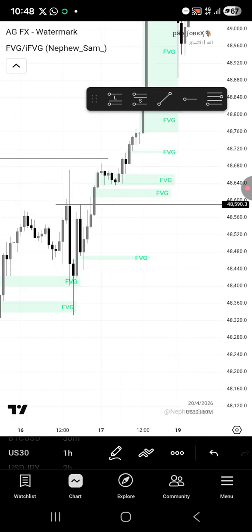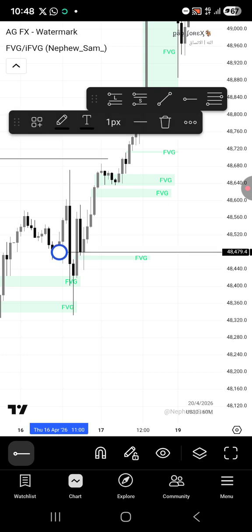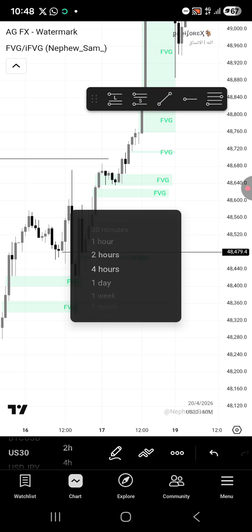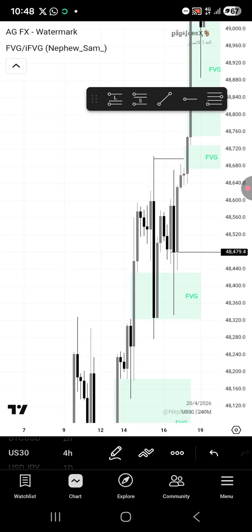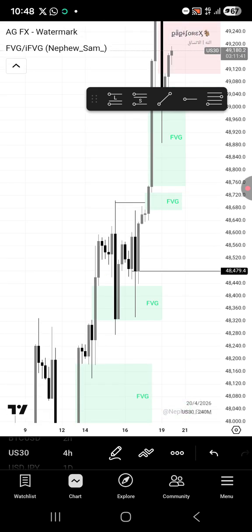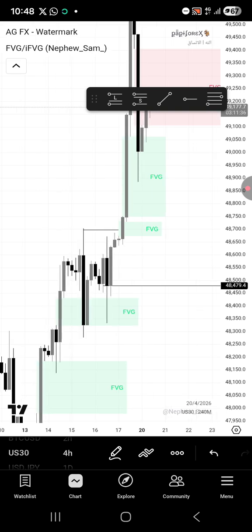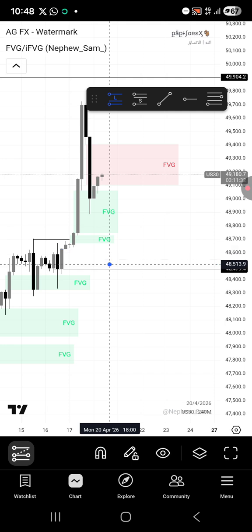On my 1 hour time frame, I can decide to put my entry at this area. But because I love my entry aligning with the higher time frame, that's why I'm picking this area, since it will give me reasonable risk to reward.